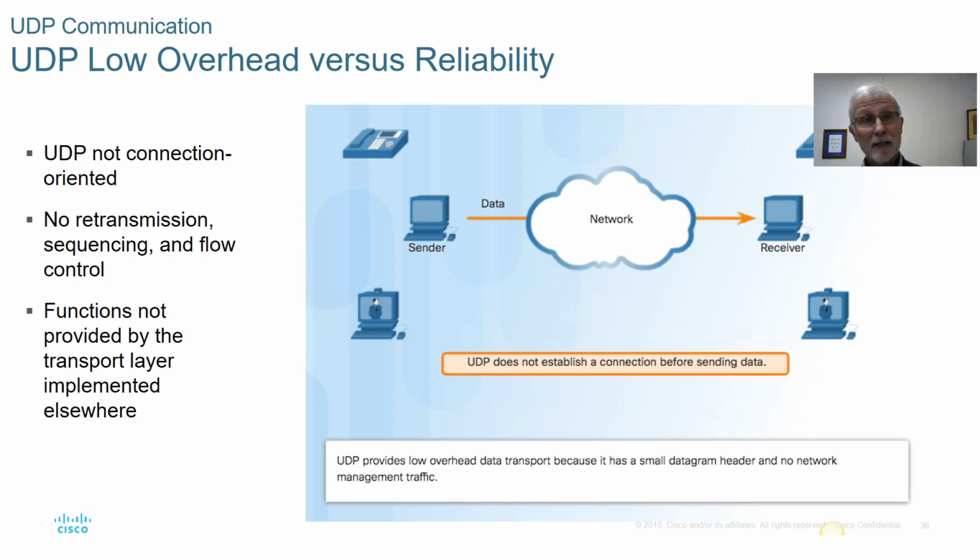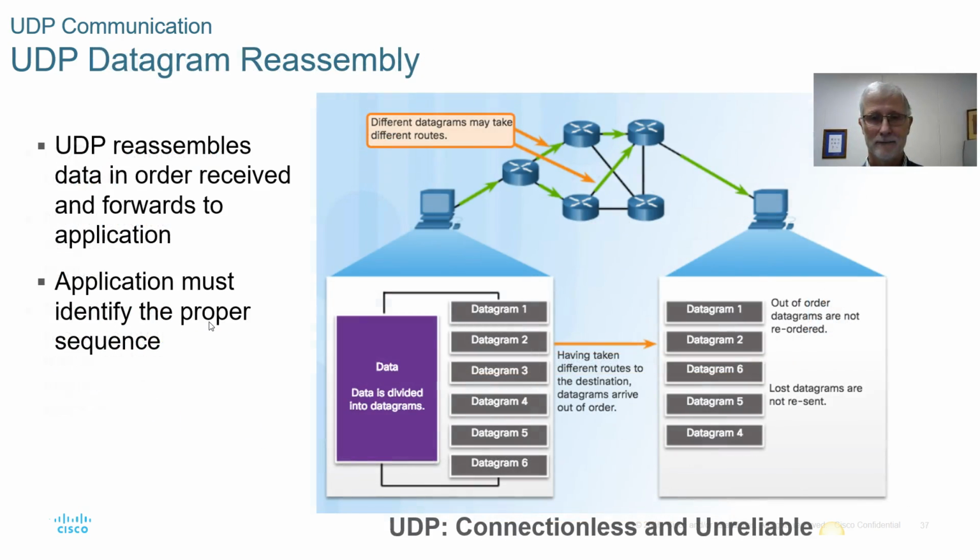Now, UDP, on the other hand, is not connection oriented, so I don't care. There's no session establishment. There's no flow control, data gets lost, nobody cares. So it's definitely interesting.